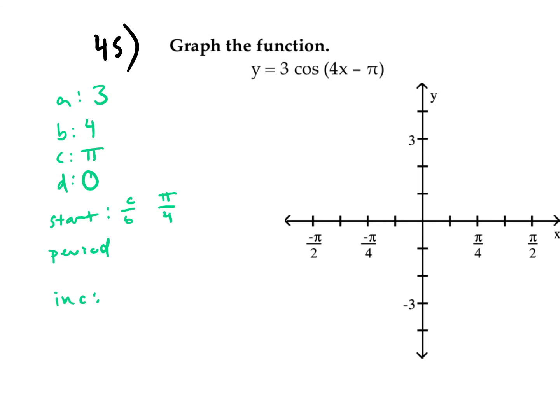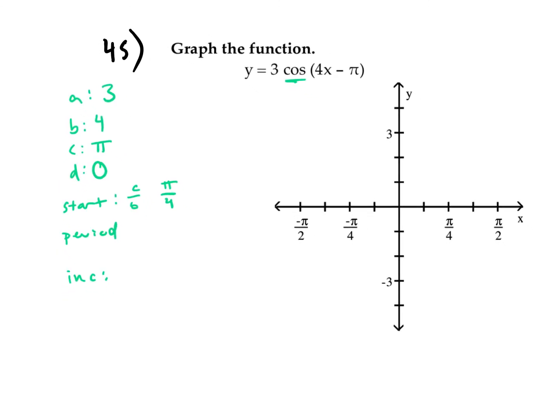So we're starting here at pi over 4. It's cosine. So do I start at 0 or start at the amplitude? Start at the amplitude. So cosine means that I start at the amplitude. And I start at pi over 4. So that's right here. The period is 2 pi over b, which b is 4. So this would be pi over 2.